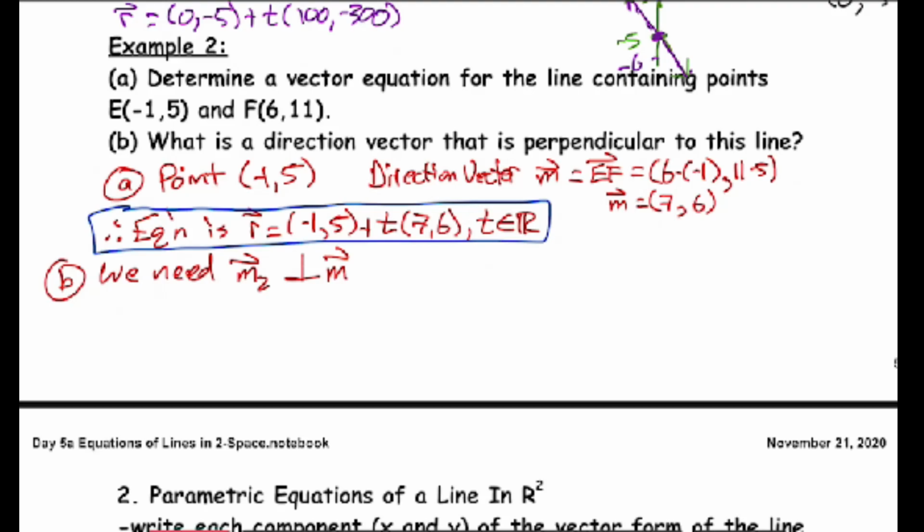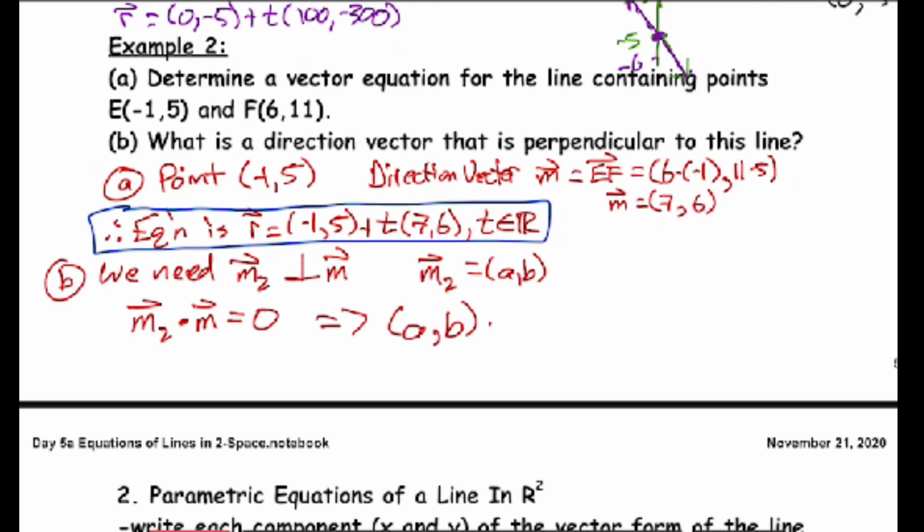So we're going to need a vector m2 such that m2 dot m is equal to 0. So let's set our vector m2 equal to (a, b), and I need something so that (a, b) dot (7, 6) is equal to 0.